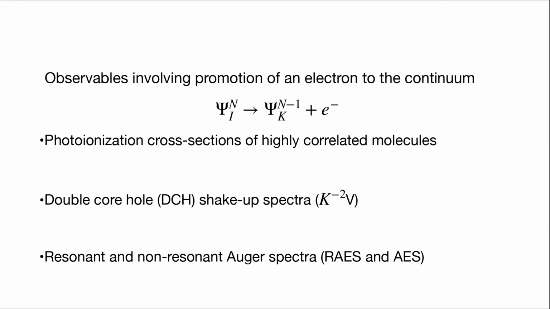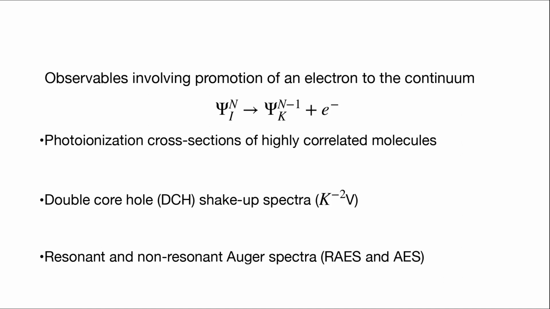All right. So I will present my recent developments using OpenMolcas, aiming at the observables. My whole presentation is about spectroscopy, observables involving the promotion of an electron to the continuum. The process is very basically represented there by an initial state, the phi I of n electrons, and at the end you have an ion state of n-1 electrons, a k final state, and the electron in the continuum, right?